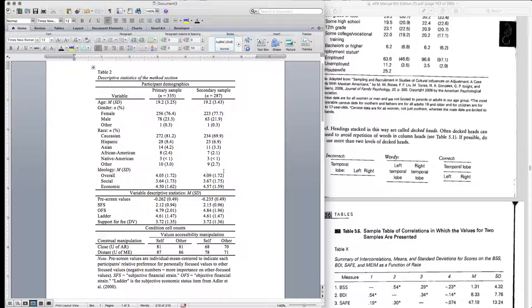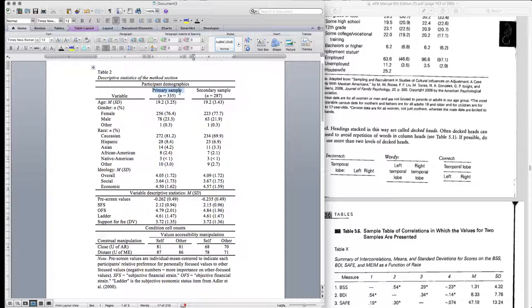But for instance, I wanted to show you an example here. This is a table that was in my thesis, where I had this primary sample versus secondary sample.